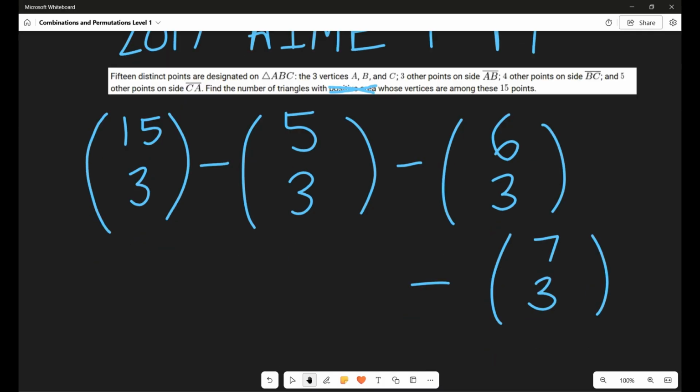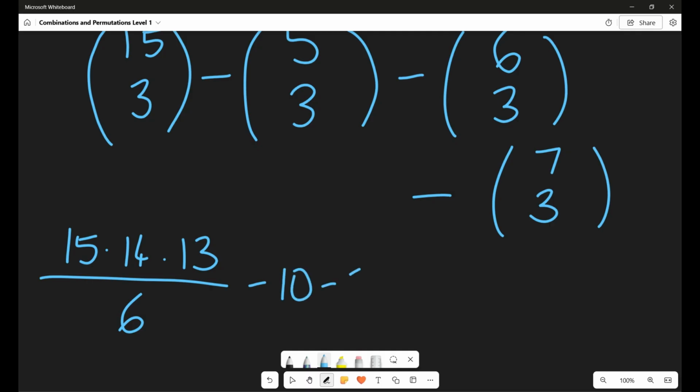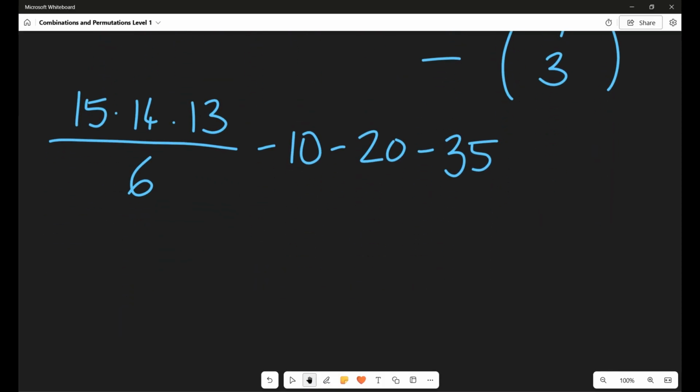Now at this point, we just have to evaluate this to get our final answer. So 15 choose 3 is 15 times 14 times 13, all over 6. 5 choose 3 is 10. 6 choose 3 is 20. 7 choose 3 is 35. And I really encourage you guys to memorize those for competitions. So when we cancel out this fraction here, we get 7.